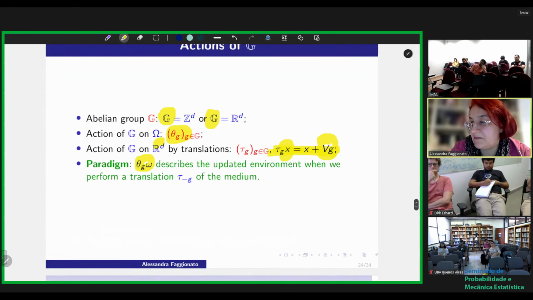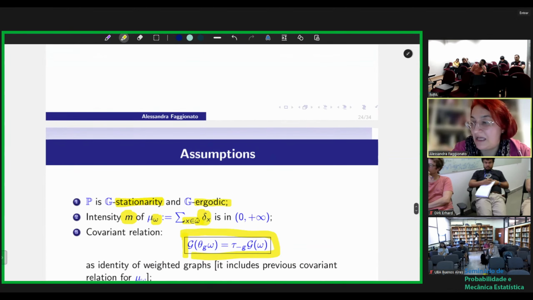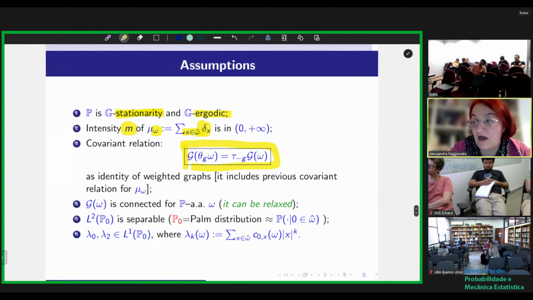These are words, but in order to formalize it, there is a mathematical way, and this is the covariance relation: the weighted graph associated to theta_g of omega, the action along the group element g of omega, is equal to the original graph associated to omega, but physically translated by the Euclidean translation tau_{-g}.